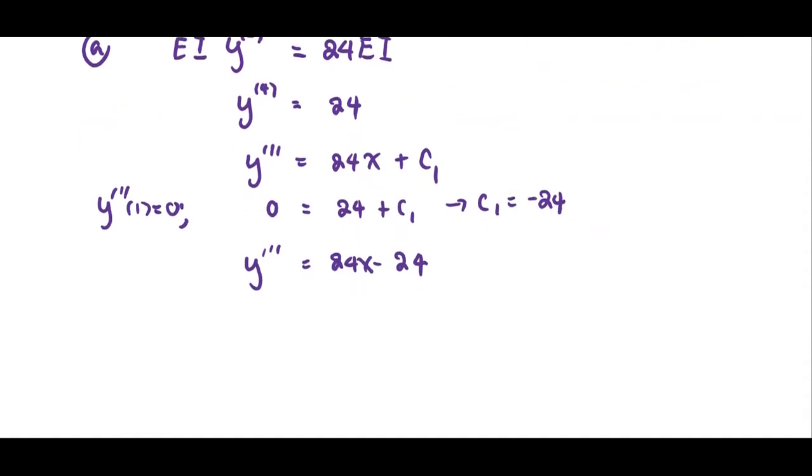Next, find the second derivative by taking the antiderivative of 24x minus 24 to get 12x squared minus 24 times x plus c2.